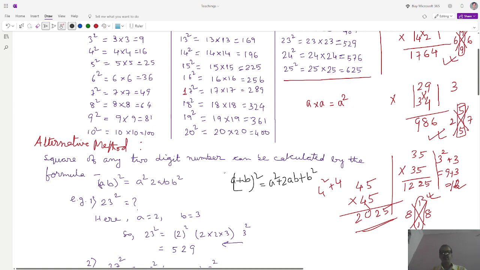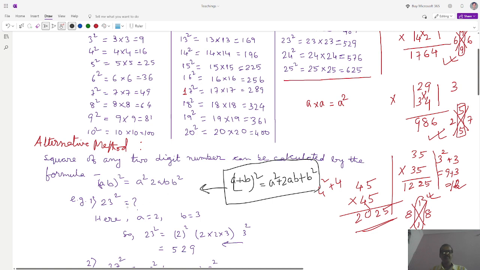If we write this formula this way, omitting the arithmetic operators, it will come like that: AB square is equal to A square, 2AB, B square.